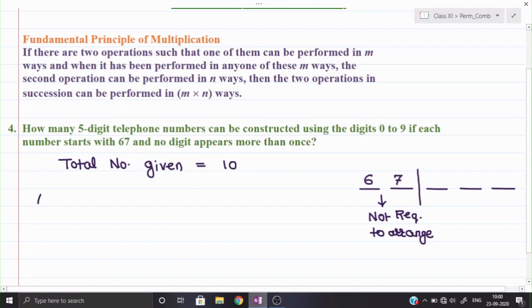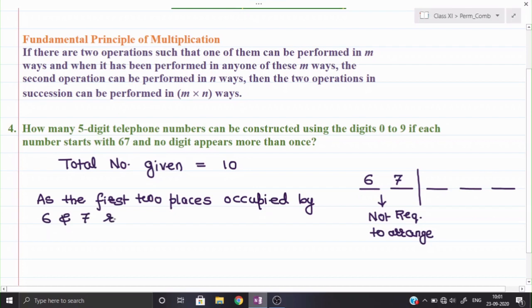And as the first two places are occupied by 6 and 7 respectively, the total numbers remaining are 8.